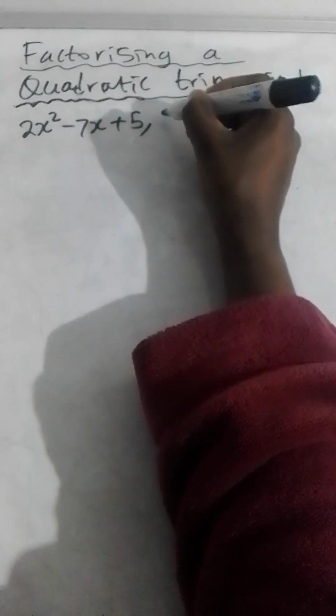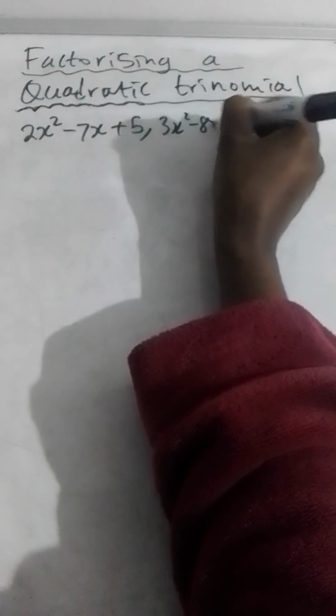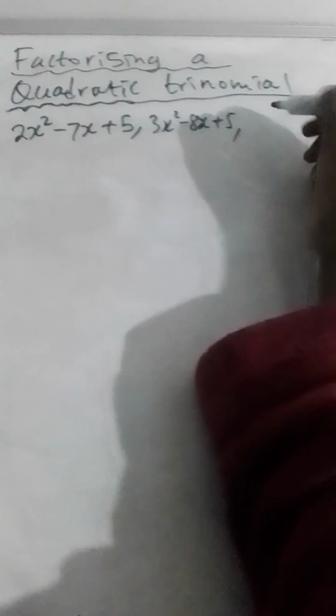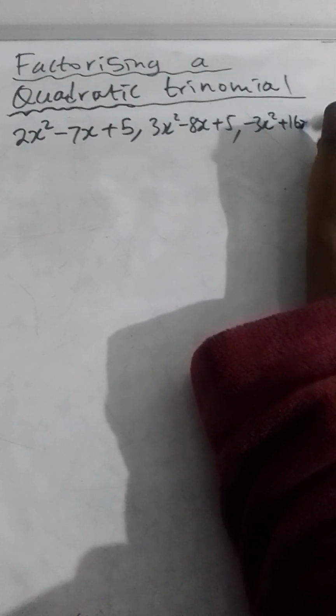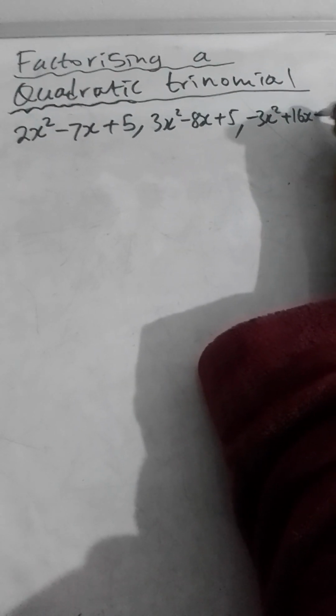So we're factorizing this using the method for grade 10. So the first problem was 2x squared minus 7x plus 5. Then the second one was 3x squared minus 8x plus 5. The third one was negative 3x squared plus 16x minus 5.